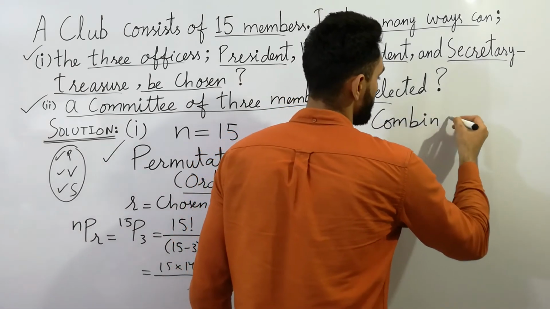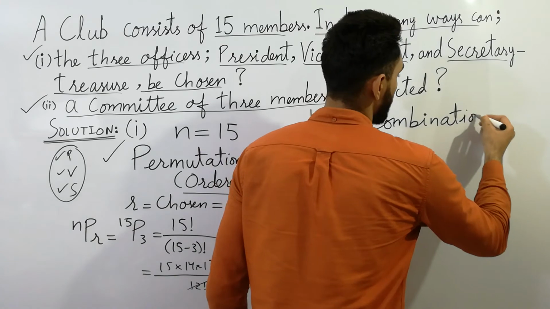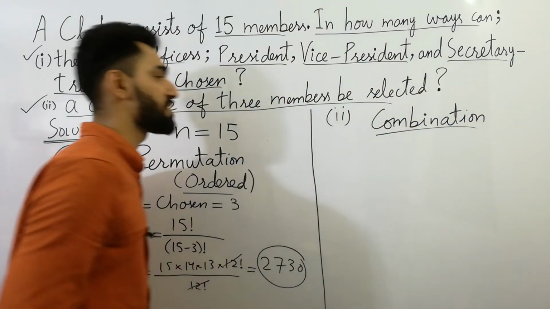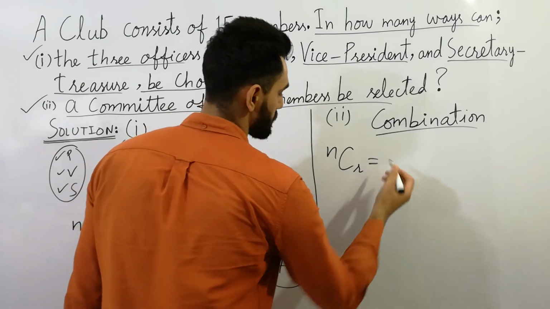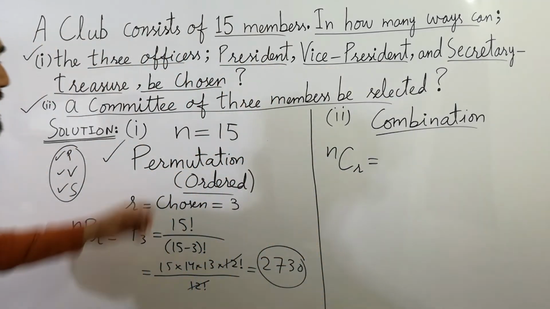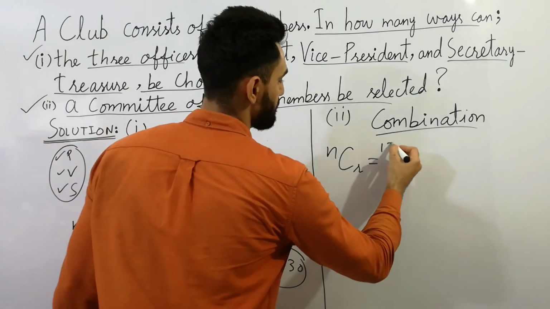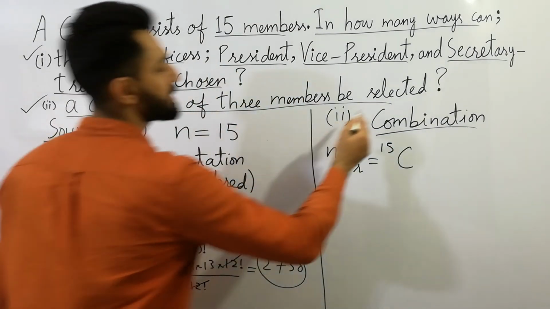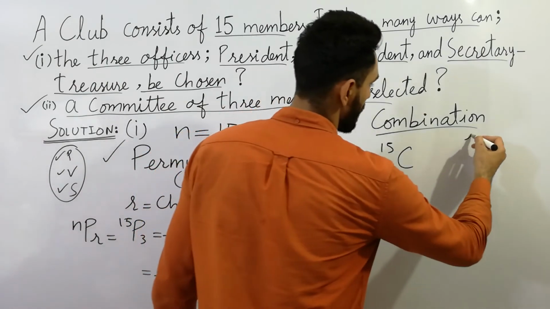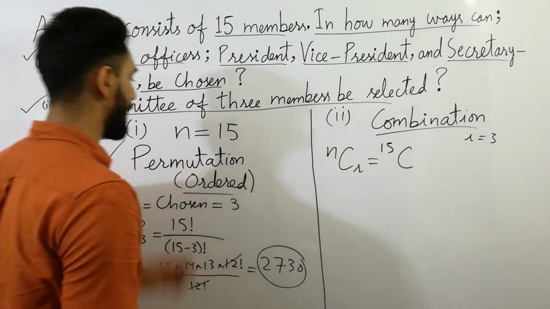Combination. We're going to apply combination here. You know nCr. The question is here, n is 15, and r: a committee of 3 members is to be selected. So here r is also 3 and n is 15.